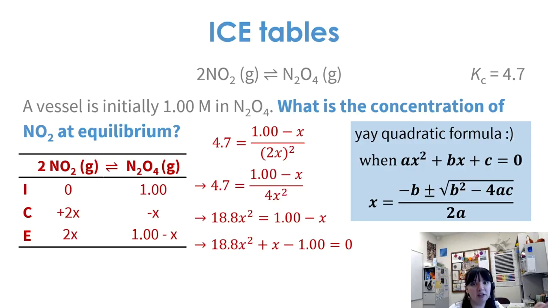The coefficient in front of x squared is the a coefficient, and the coefficient in front of x is b. So in this case, my a is 18.8, b is just 1, and then c is going to be -1. So when we organize our quadratic in this way, we can define all of these a, b, c terms.